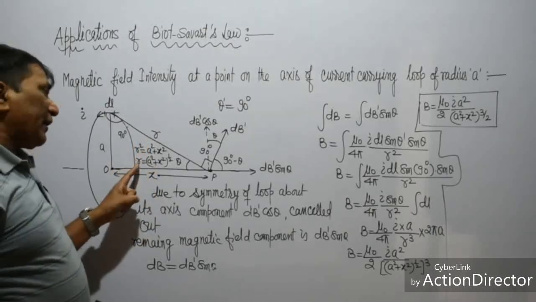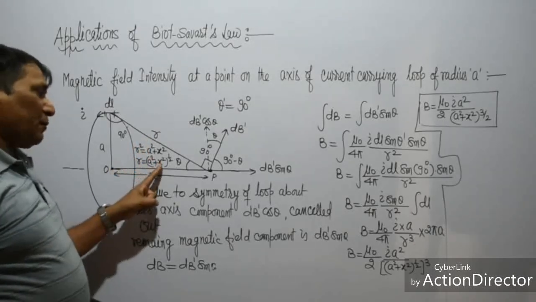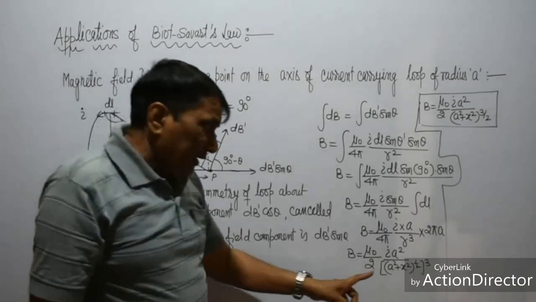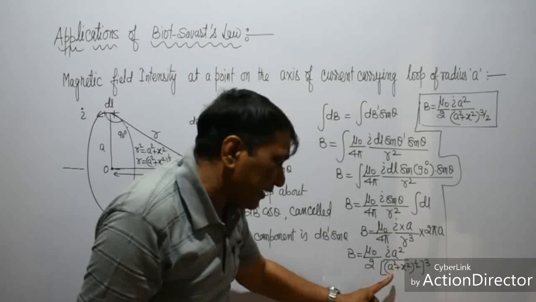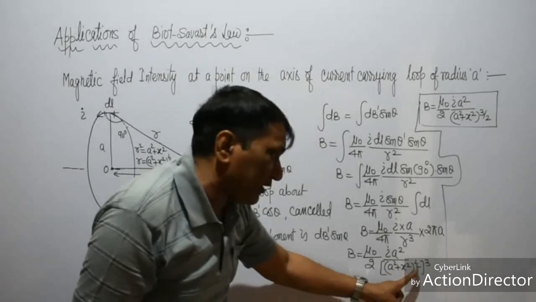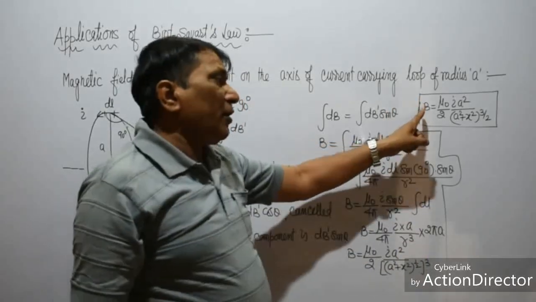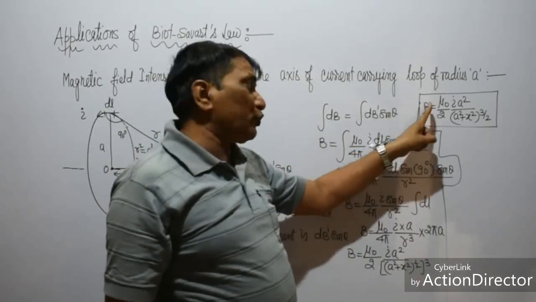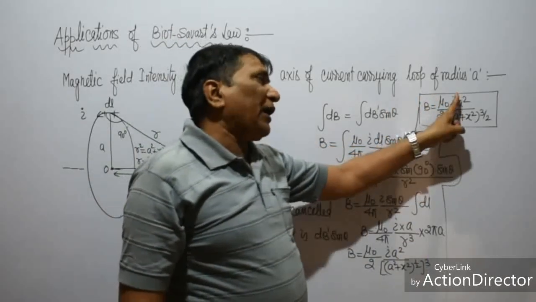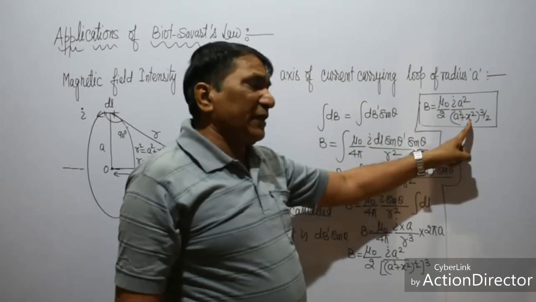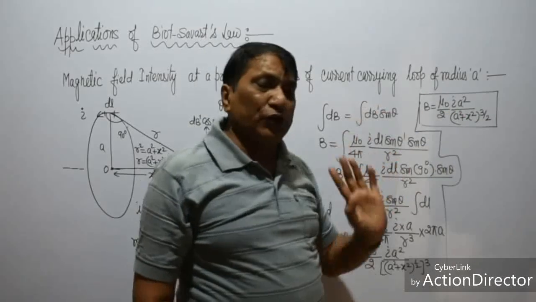So we have r equal to a square plus x square raised to power 1 by 2. Replacing this r, a square plus x square raised to power half, whole raised to power 3. So finally we have B equal to mu 0 upon 2 I into a square divided by a square plus x square raised to power 3 by 2.